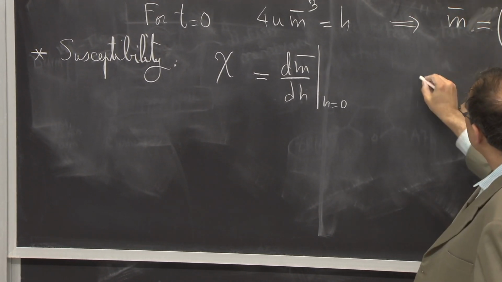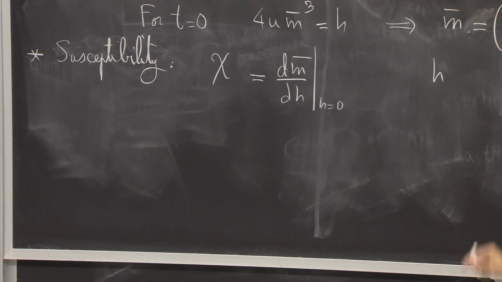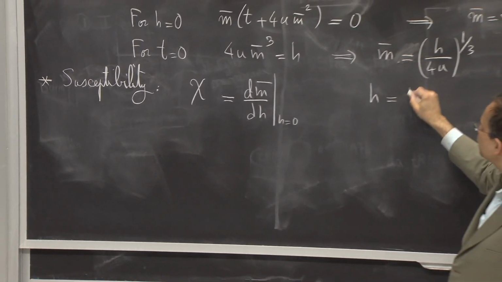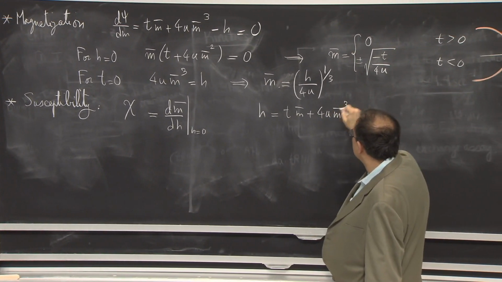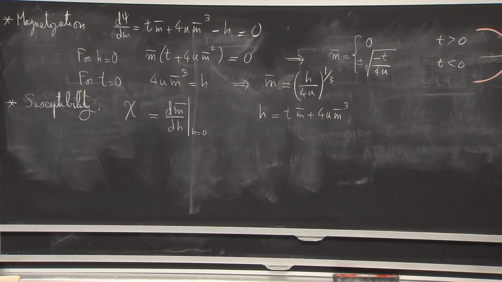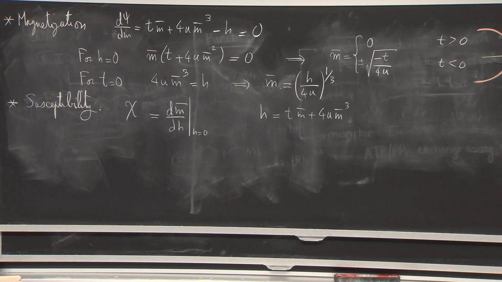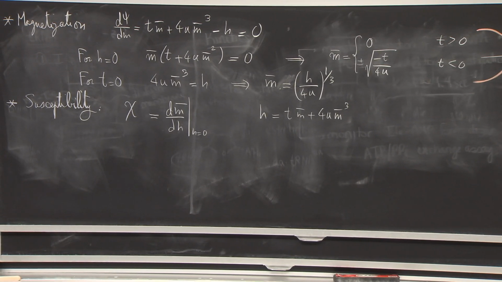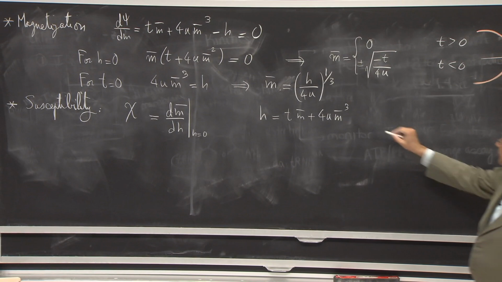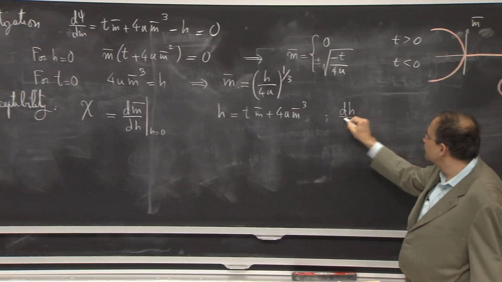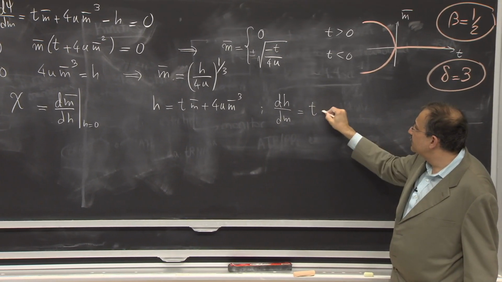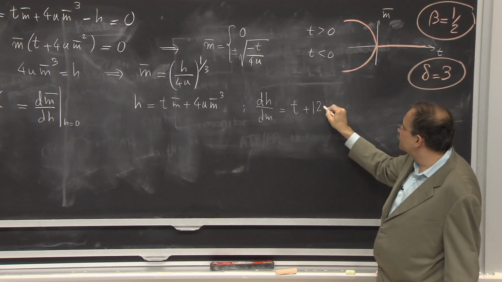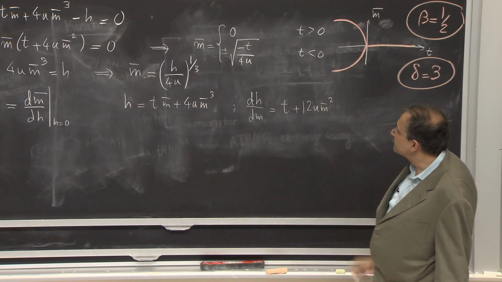Okay. The equation that we have that relates h and m bar is simply that h equals to t m bar plus 4u m bar cubed. Okay. Rather than taking dm by dh, let me evaluate its inverse, which is dh by dm. dh by dm is t plus 12u m bar squared.